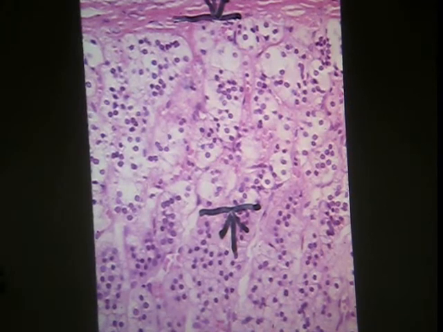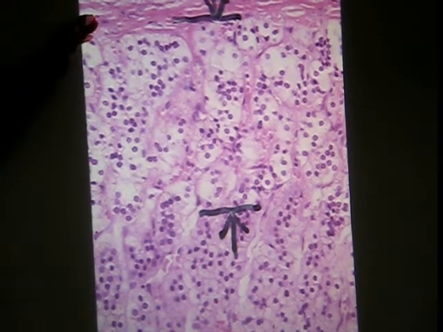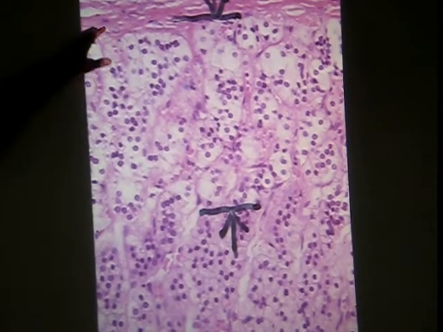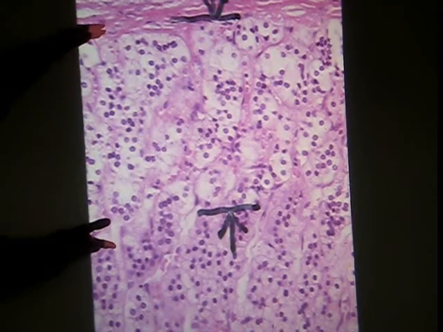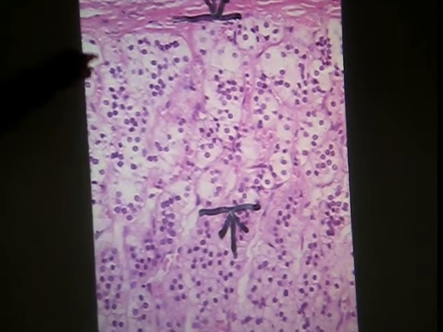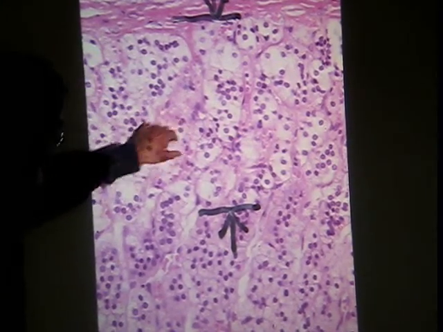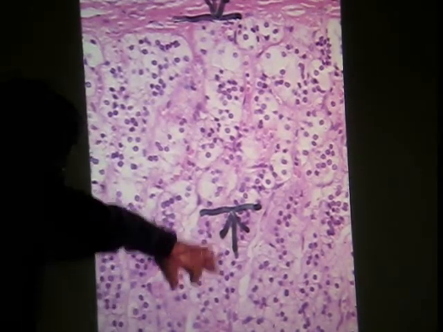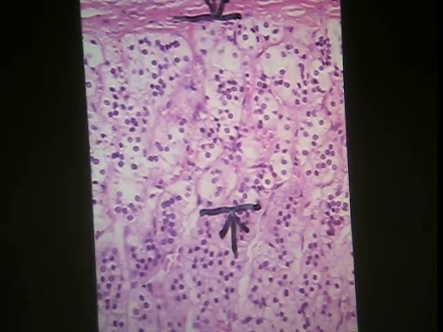Low probably suggests it's some sort of connective tissue, right? And therefore, sitting on top of cortex, we're looking at the capsule, right? So right in here would be the zona glomerulosa. That's right, you get these round, spherical aggregations of cells, and right down here in these parallel cords, the fasciculata.